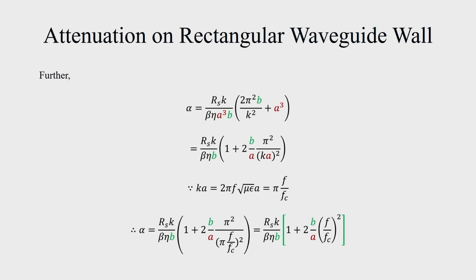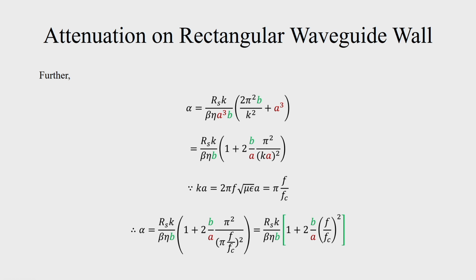Please note that attenuation constant is a function of frequency, and f is greater than f c. Here of course, we will have another frequency dependent term which is beta. So, in general, as the frequency of operation in a waveguide is varied, the attenuation constant changes.